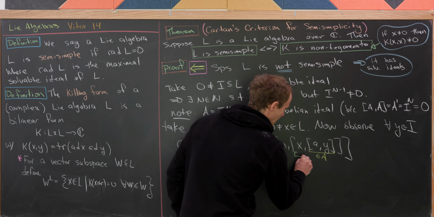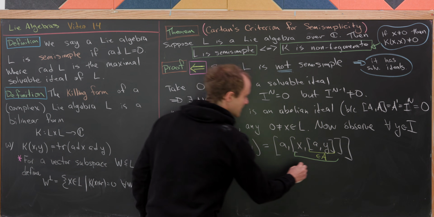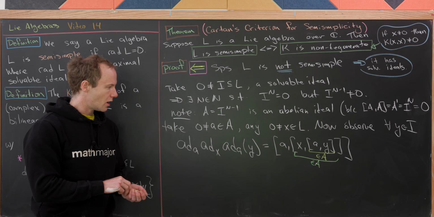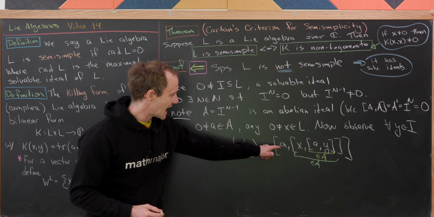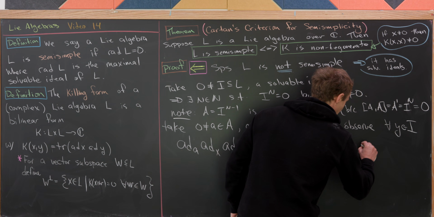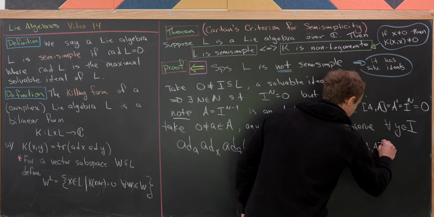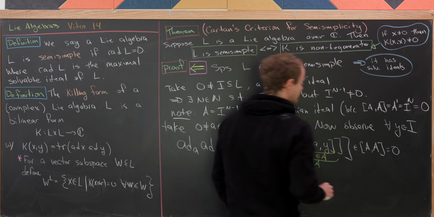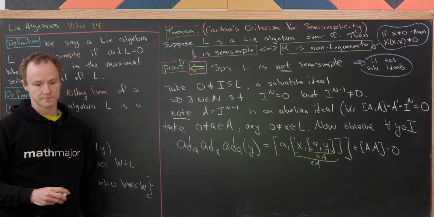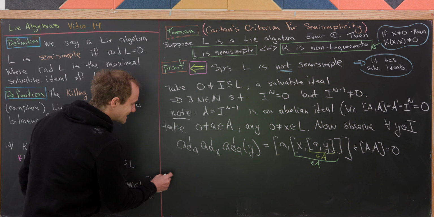Now we're bracketing X with something from A, so that's going to be inside of A. Oh, but now we're bracketing A with something from A. So that's in fact inside of the bracket of A with itself, which is equal to 0 as we saw before.